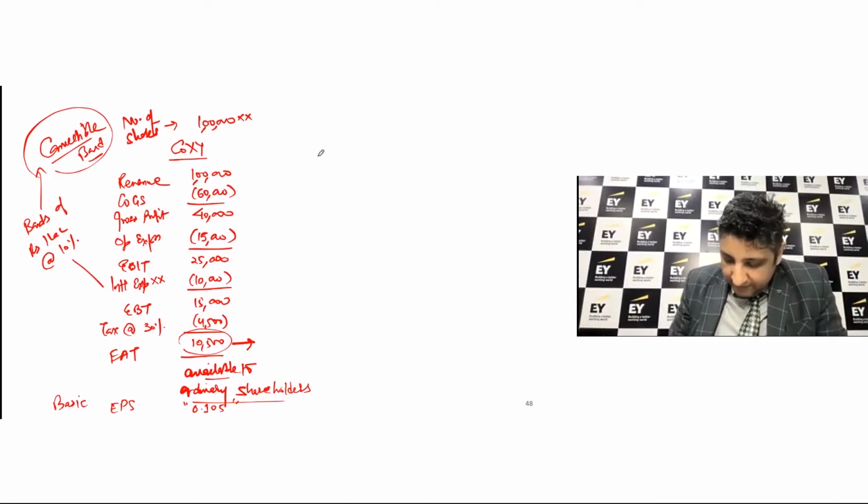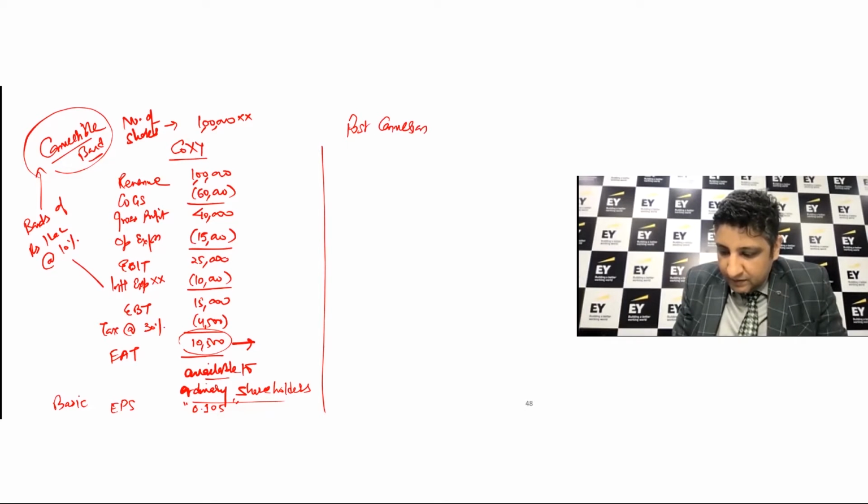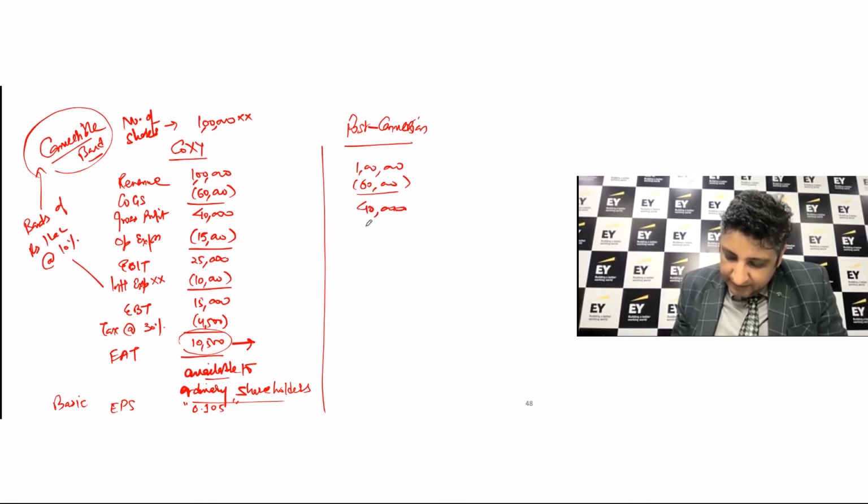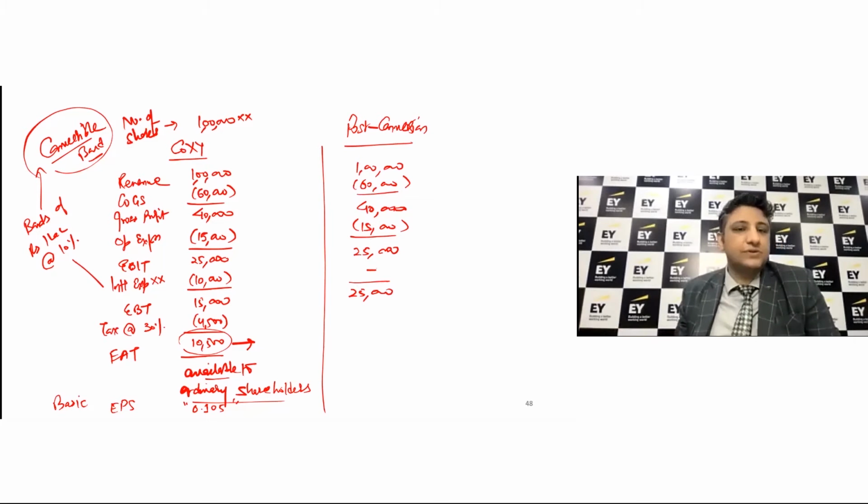Now let's say if these were converted, so post conversion, the revenue doesn't change because the money is not coming or going anywhere, right? So up to, for that matter, EBIT, everything remains the same. But now, since you are not paying any interest, your earning before tax is the same as your earning before interest and tax, which is 25,000.